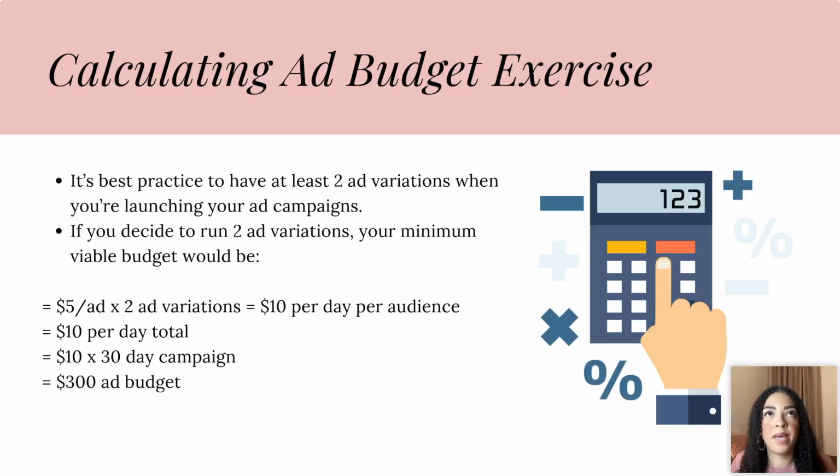Why do I recommend this? Because you need a minimum amount of dollars for Facebook to be able to understand what's going on and who to show your ads to, even within that targeted audience that you told it to show your ads to. Without that minimum amount of money, it's very difficult for Facebook to get a sense of what's working.